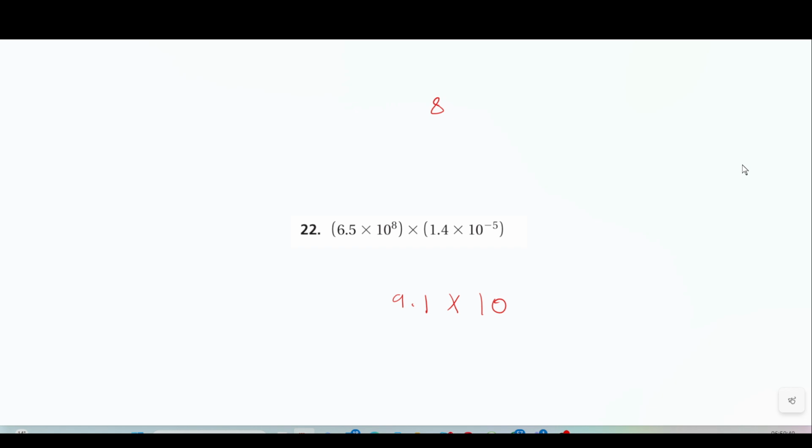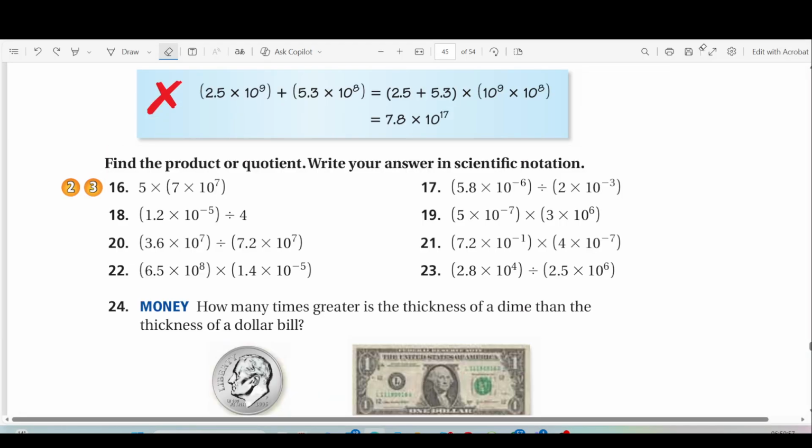See 8 plus negative 5. How much is that? But it's times. Yeah, for times we add them, right? Add them. Oh, okay. So it's 3. Yes, it's 3. Okay, good.